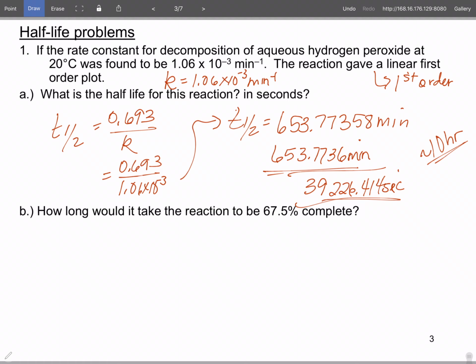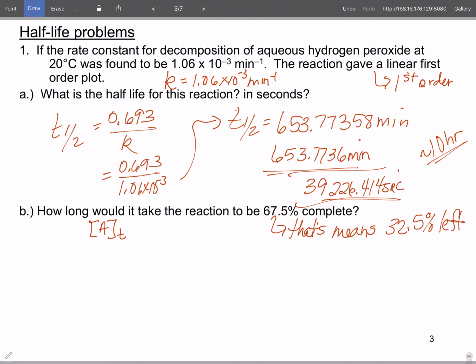Now, then it says how long would it take the reaction to be 67.5% complete. So that means that we're looking at A sub t, and we need it to be 67.5% complete. That means that only 32.5% is left.